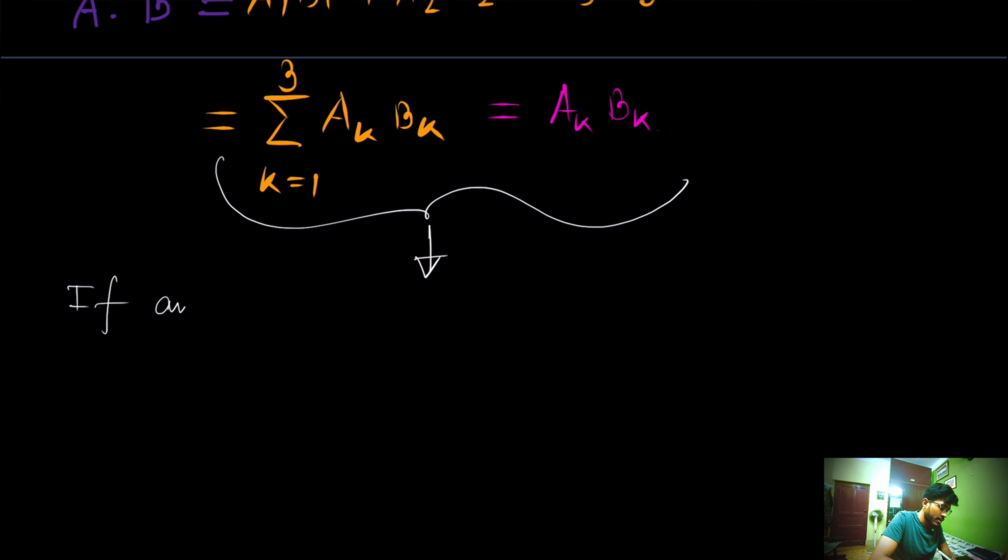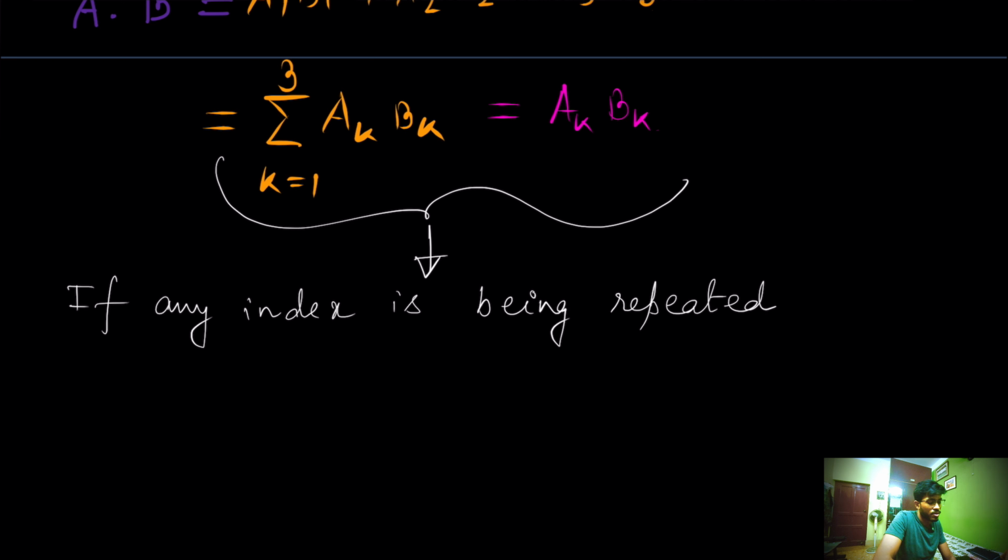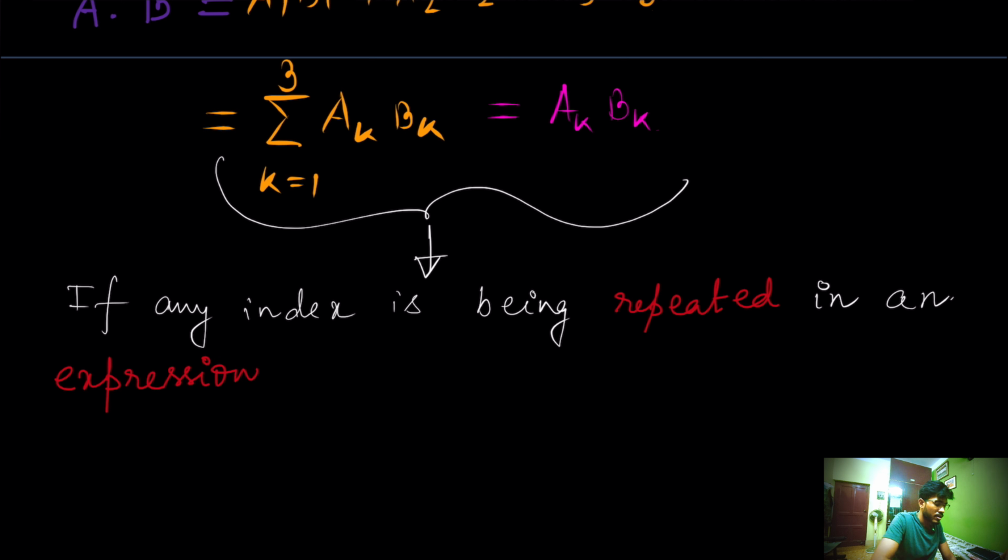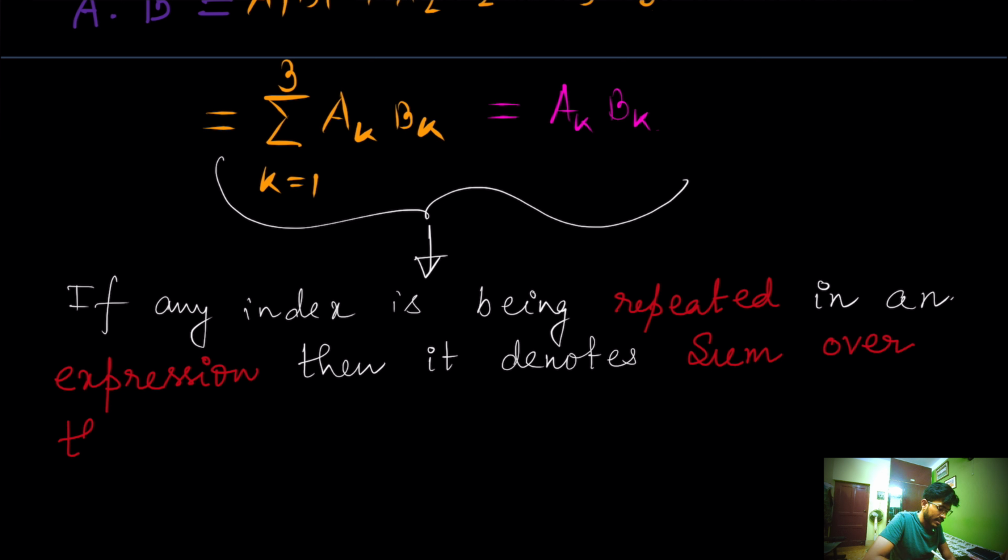If any index is being repeated in an expression, and let me write the important words in red, then it denotes summation over that index.